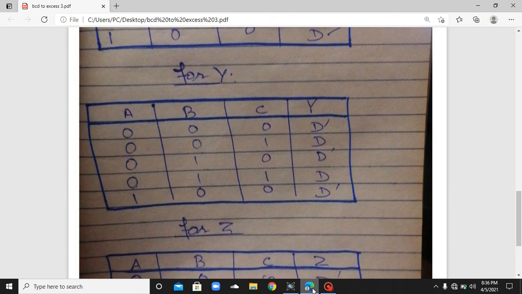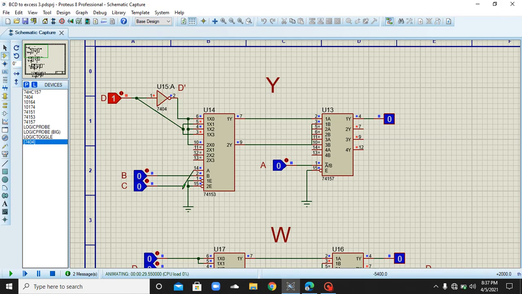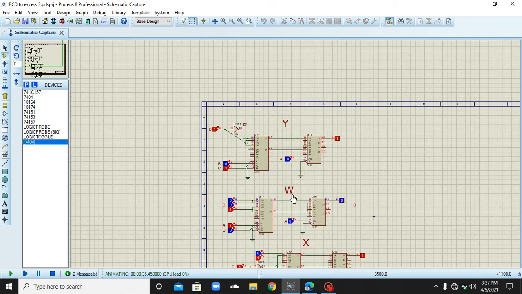Further, if A is 0, B is 0 and C is at 1, the output will be the same as D. If C is 1, the output is 1, which is basically the same as D.